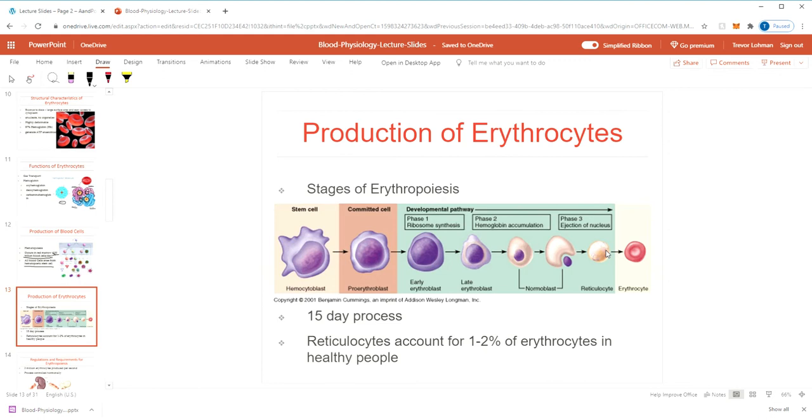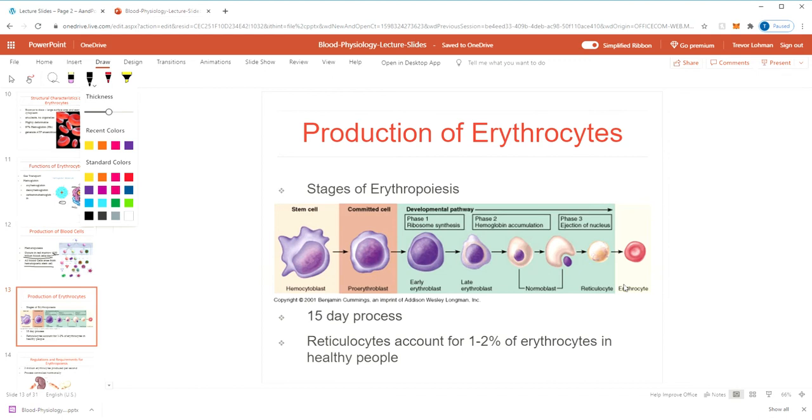So one way you can tell if someone is bleeding internally: let's say you're worried someone might be bleeding internally. I'm sure there's much better ways to figure this out, but let's just say you suspect that and you want to figure it out from a blood test. Well, if someone is bleeding internally, they're probably anemic because they're losing blood, right?